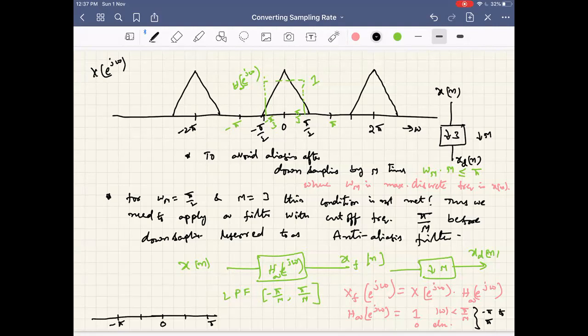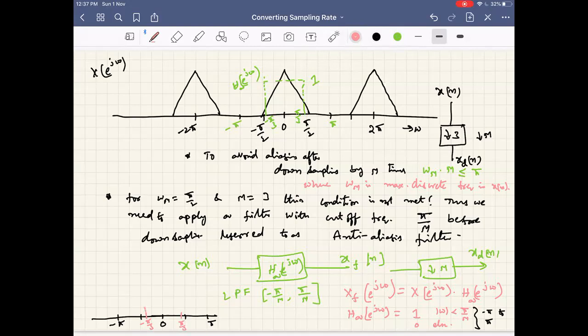So how does it look like? It looks like, see, this is being cut here. So you will see only from up to here, minus pi by 3 to pi by 3. In this range only you will see.